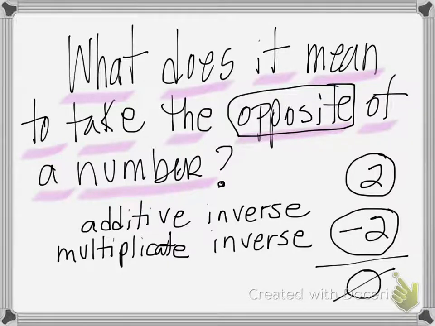Okay, and that is the idea of the additive inverse. So if I ask you what is the opposite of negative 2, you would know it is 2, because it is the additive inverse of the other. So yes, the idea of opposite in terms of additive inverse.